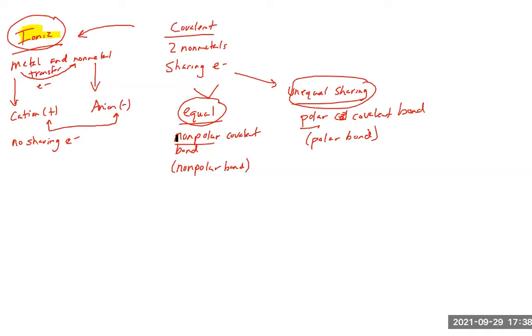On the other end of the extreme, we have a non-polar bond where we have nice equal sharing of those electrons. And in the middle, we have a polar bond, which is not equal sharing of electrons, but not so unequal that the electrons actually transfer. So an intermediate in terms of the bonding.